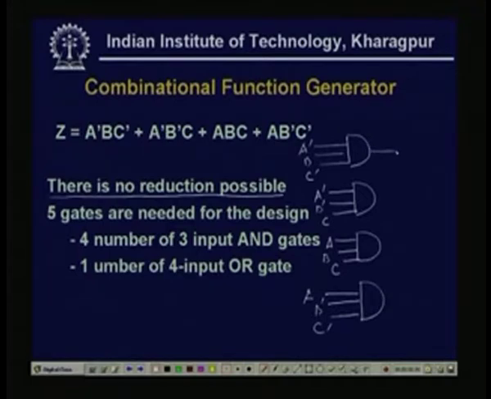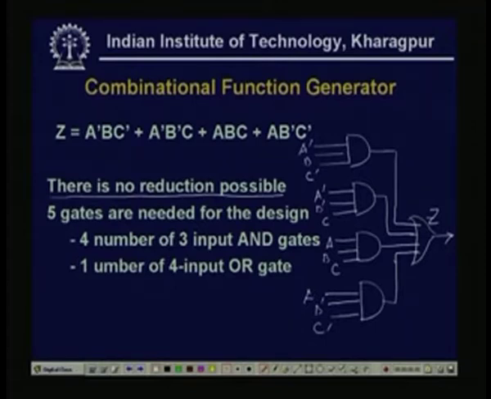These are sum of product forms, so this is an OR gate and this will give my Z. So there are 4 number of 3 input AND gates and 1 OR gate, a 4 input OR gate.